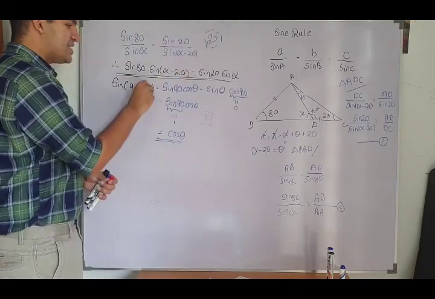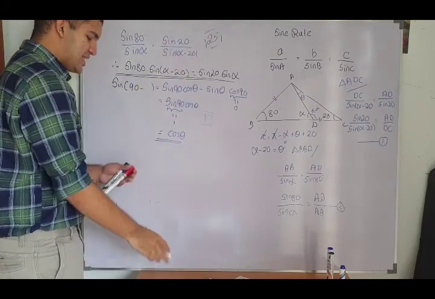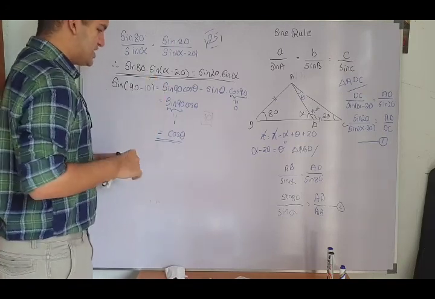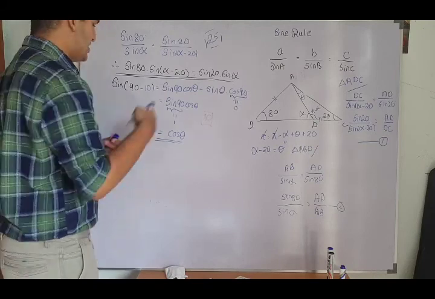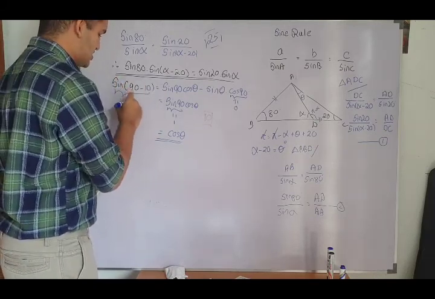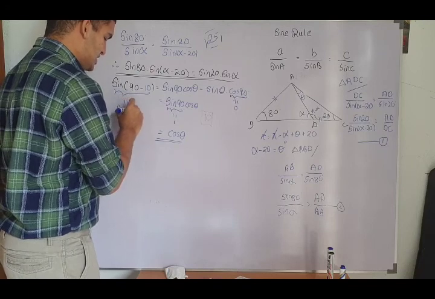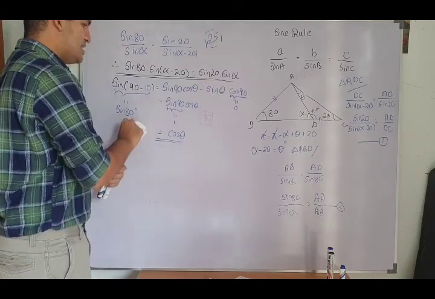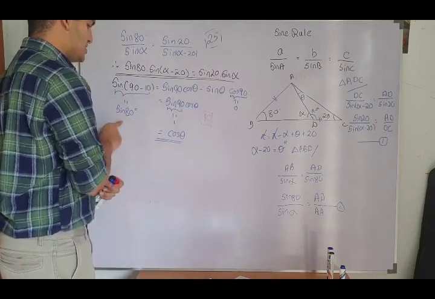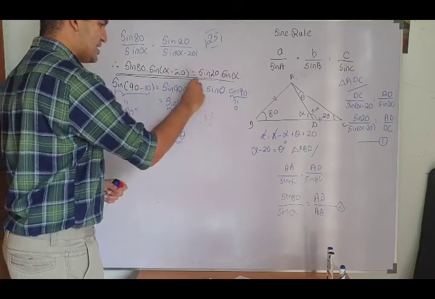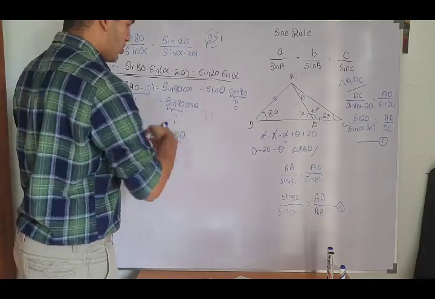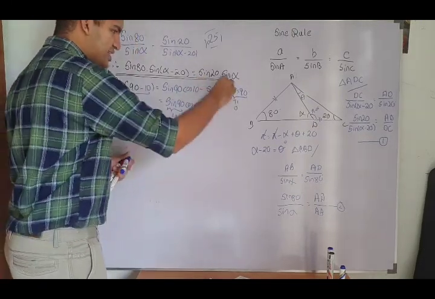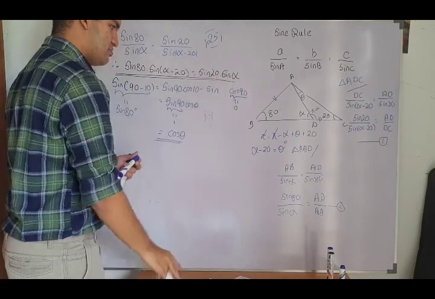Instead of theta, if you put 10 degrees, then that will be equal to sine 80. So sine 80 is sine 90 minus 10, which is cos 10.